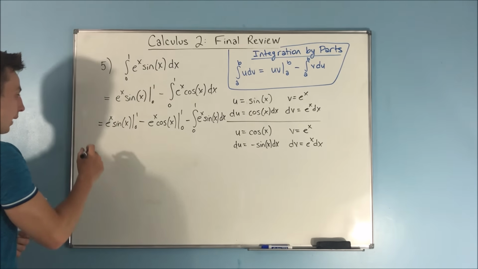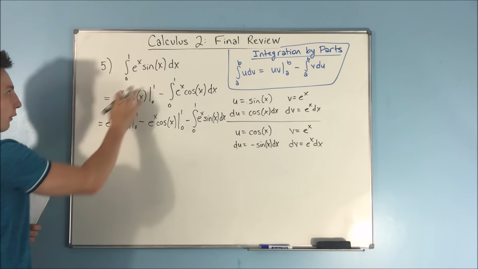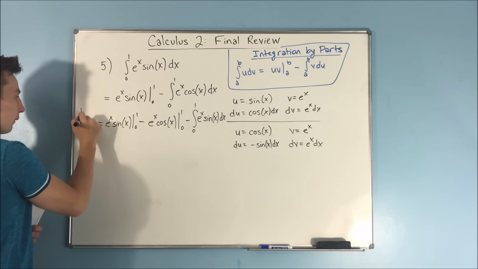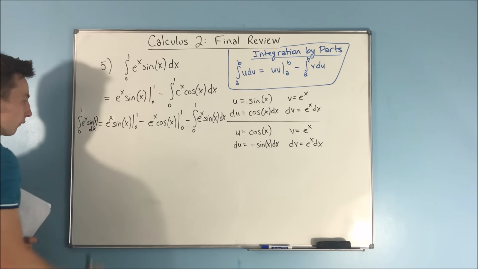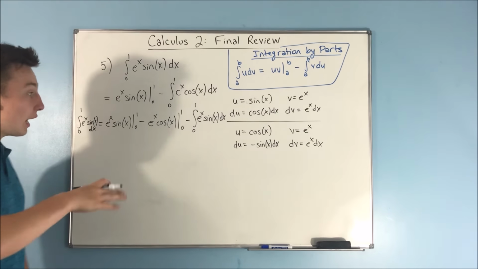Because if we had this integral back, well, remember what we started off with. Of course, we had that the integral from 0 to 1 of e to the x sine x dx, okay? And what that means is we can add that on both sides.